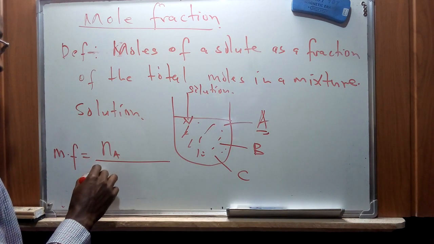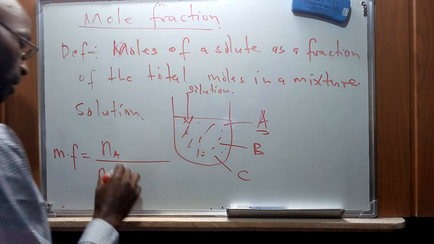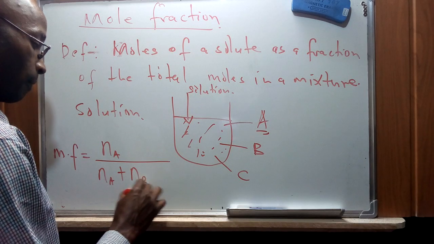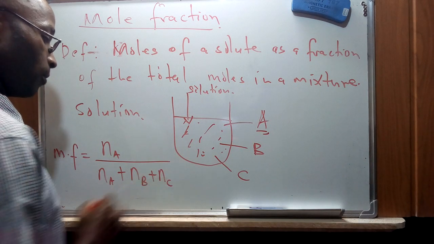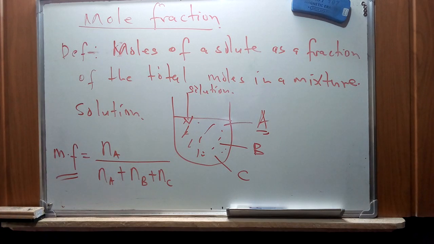So that is over the number of moles of A plus the number of moles of B plus the number of moles of C. So this is basically a general way in which we can define this concept of a mole fraction.